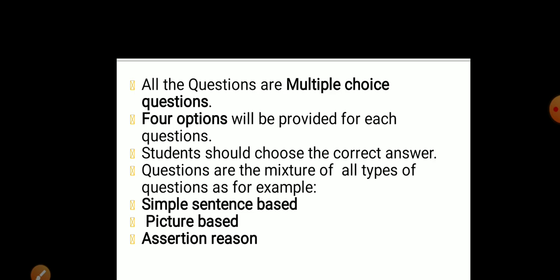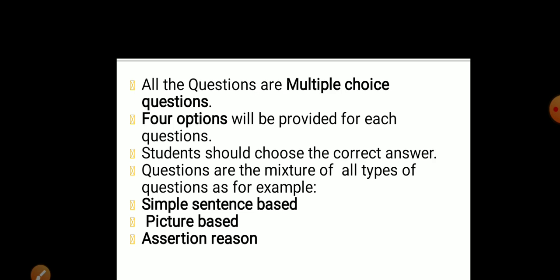Below that assertion, one reason will be provided. Then below this assertion and reason, four options will be provided. Among those four options, you will have to choose the correct option, which tells the relation between this statement and reason.